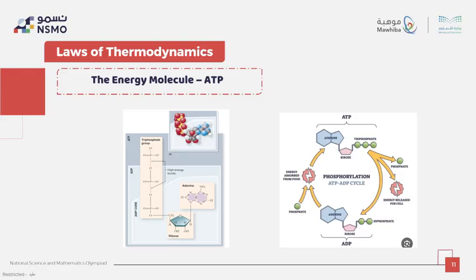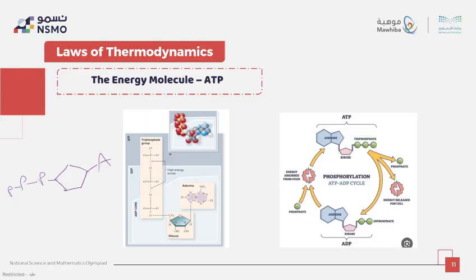Okay, and let's draw ATP. Look, that's the ribose here. This is the ribose with 5 carbons, and this is 3 groups of phosphate, and this is the nitrogen base called adenosine.